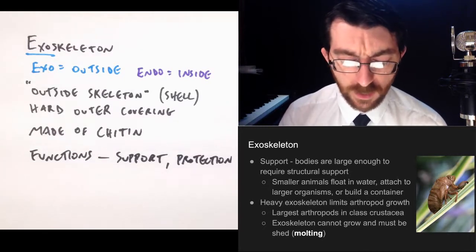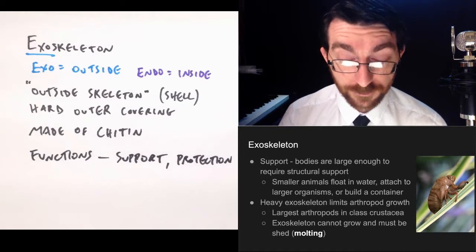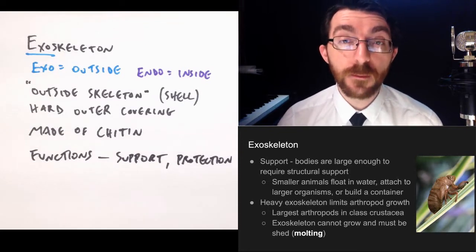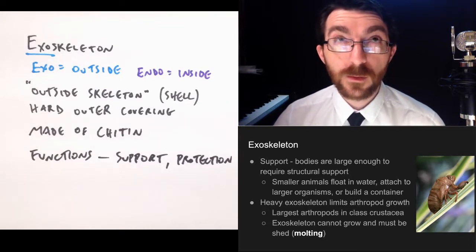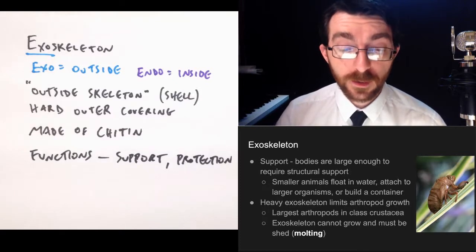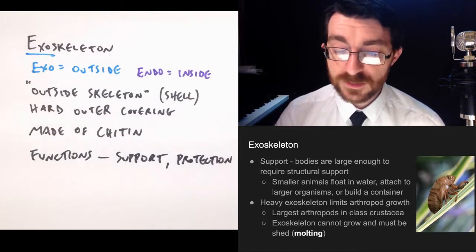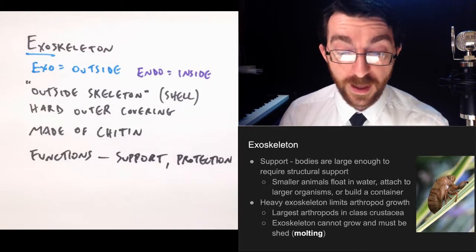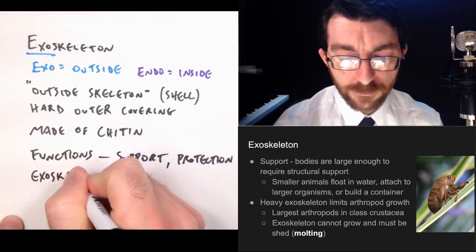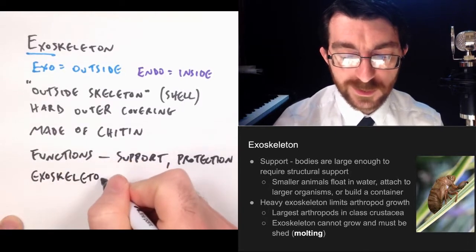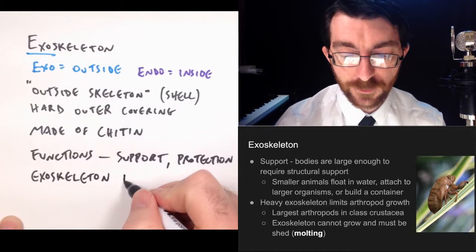Do you remember when we were talking about herbaceous versus woody stems, and how herbaceous stems can't grow past a certain point, or they would break through their outer layer, whereas woody stems are able to grow further and further. The exoskeleton tends to limit growth in that same way, because in order to grow, you would need to expand your exoskeleton.